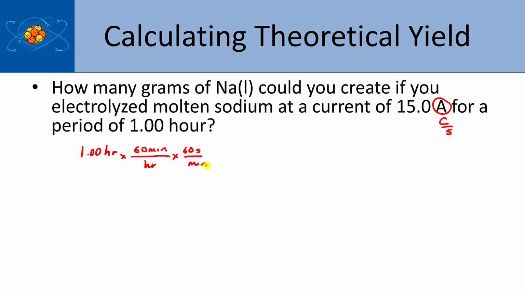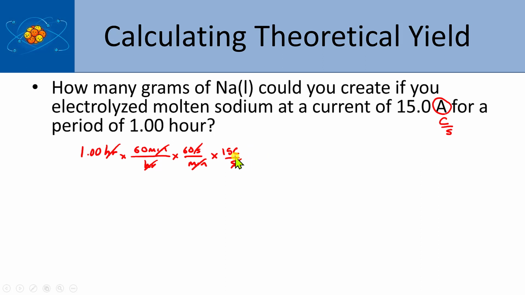So what I've done is I've converted this time over to seconds, and now I can use the units to get the amount of charge that I've passed in that 1 hour. So 15 amps would be written as 15 coulombs per second. You can see how these units work out. So basically up to this point now I have charge.